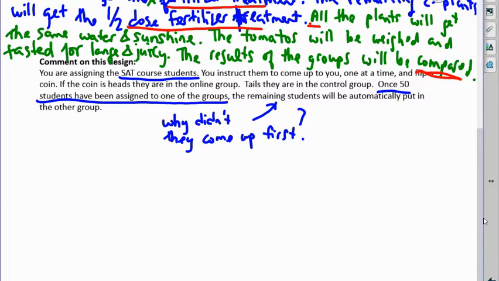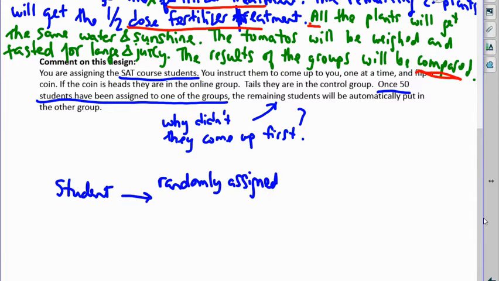So if you start a process like flipping a coin, you need to recognize that group sizes do not need to be the same. You just have to be consistent in your method. If you have your students and you're going to randomly assign them by flipping a coin, then that needs to be consistent the whole time.